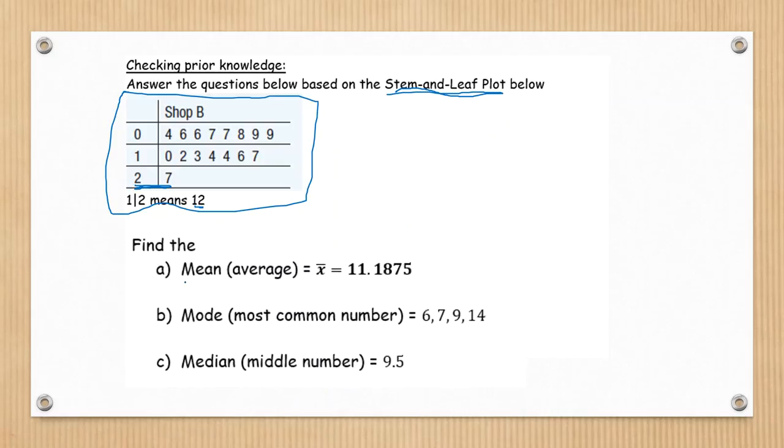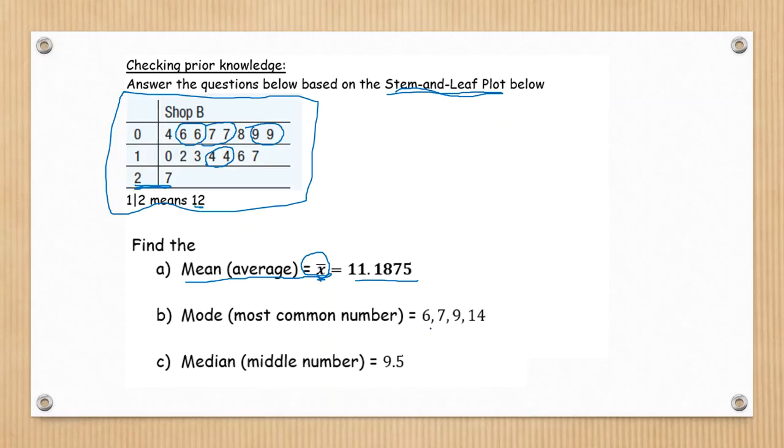So the mean is the average, which is this symbol. We use this symbol here, which is 11.1875. Mode is the most common, so these numbers, because we have 2 of them. And you can have more than one mode. It's quite common. If we had an equal frequency for all of them, then you'd need to write down all the numbers.